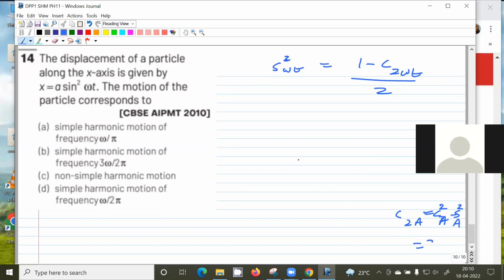So this can be written as 2 cos square a minus 1. Similarly, this can also be written as 1 minus 2 sin square a. So cos 2 omega t.